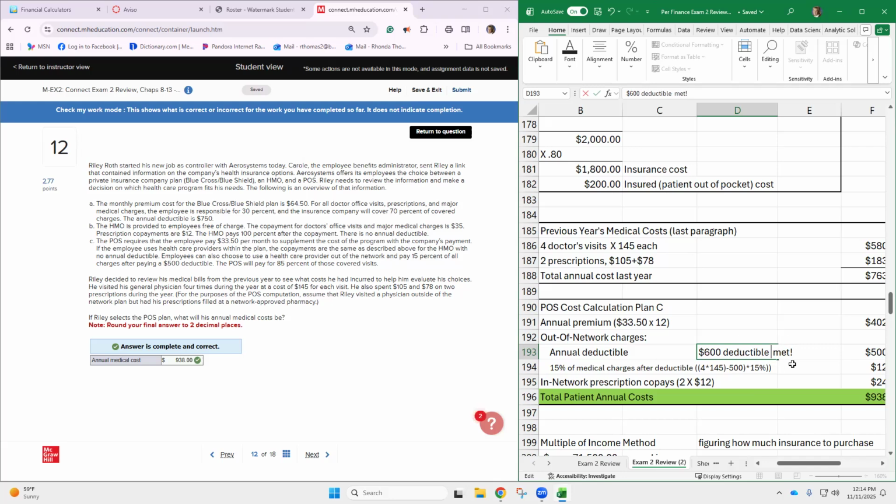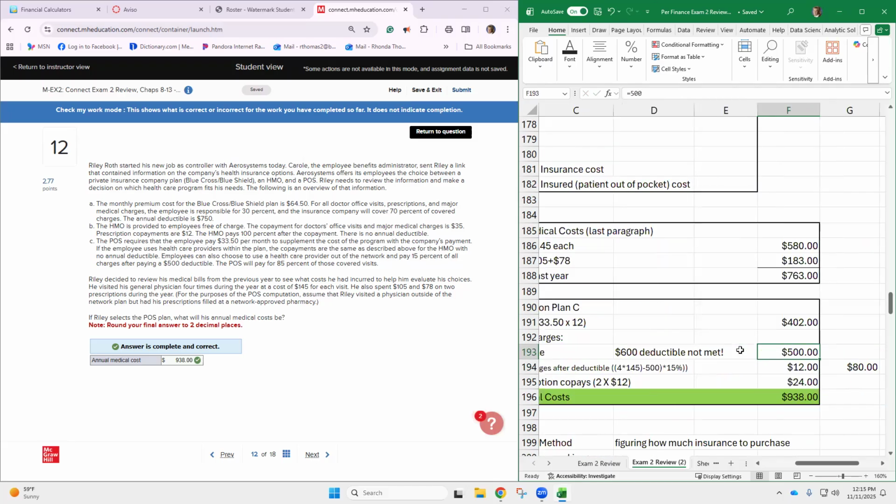In this case, my costs did not meet my deductible, so I'm not going to pay the deductible in full. Okay, I'm not, because my medical costs were $580, right? $580, not $600.